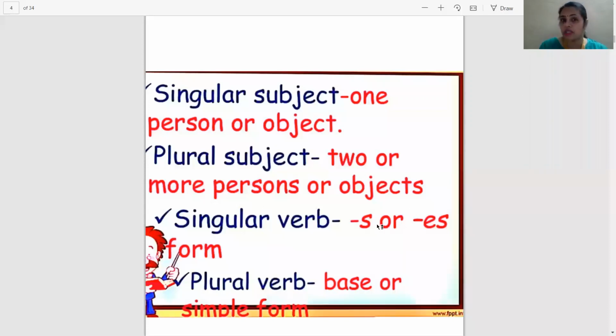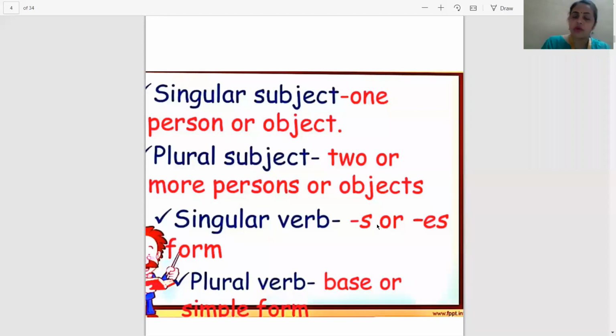It is opposite. When we add s or es to nouns, they become plural. But when we add s or es to verbs, they become singular. So s should be there either in the subject or in the verb. This is the basic thing of subject verb agreement. Is it clear to you?